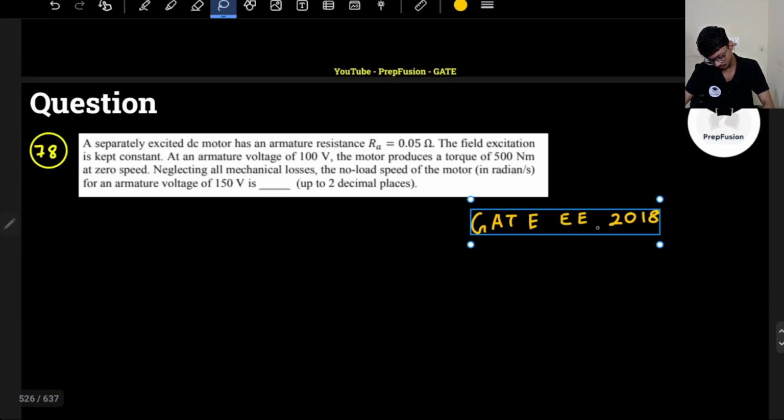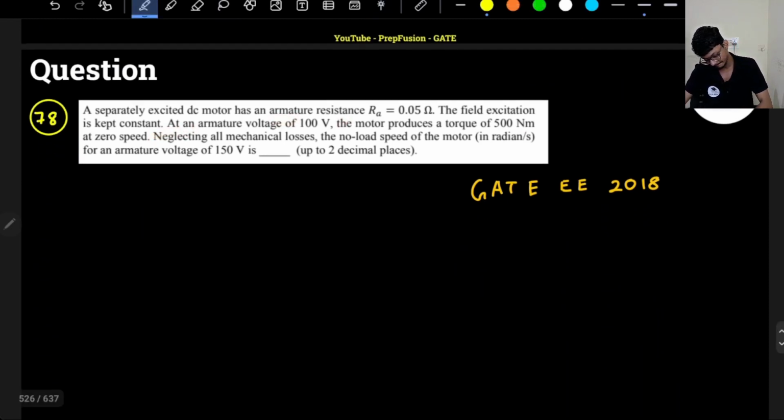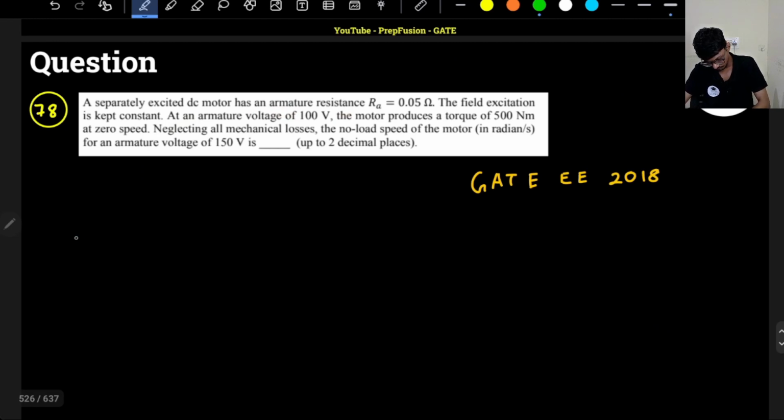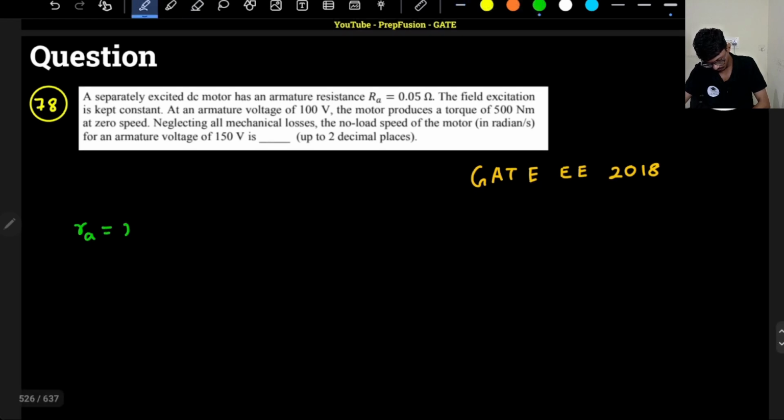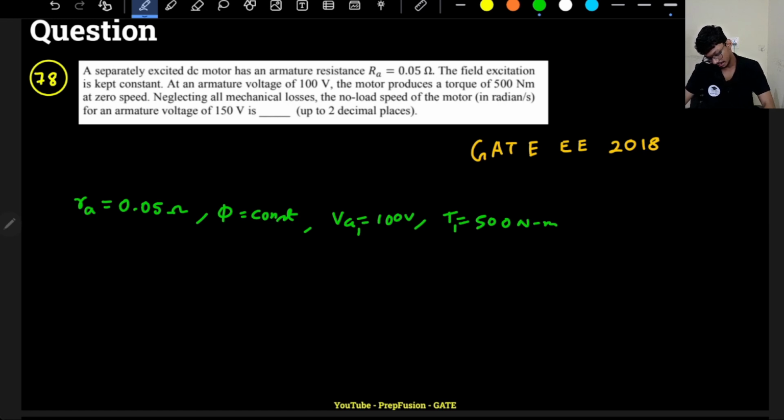So a separately excited DC motor has an armature resistance RA equal to 0.05 ohms. The field excitation is kept constant, so flux is constant. At an armature voltage VA1 of 100 volt, the motor produces a torque T1 equal to 500 Newton meter at zero speed.